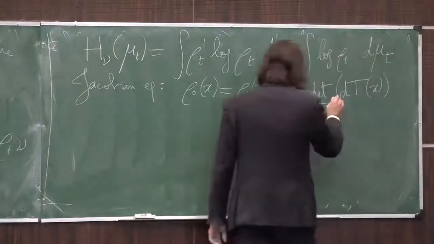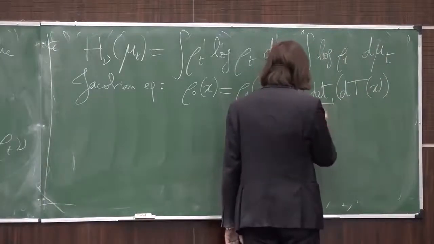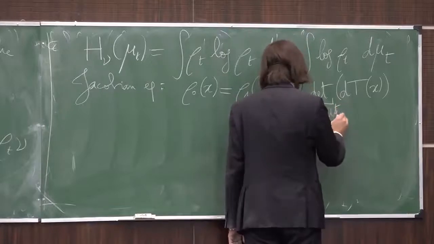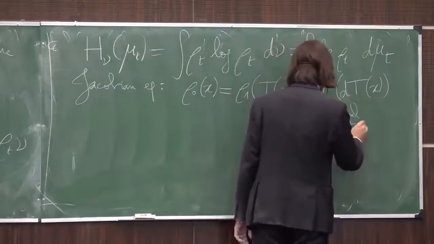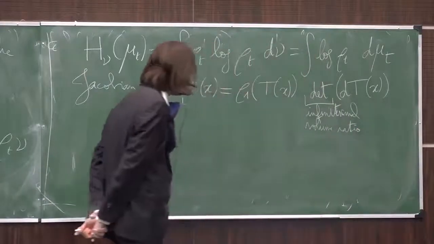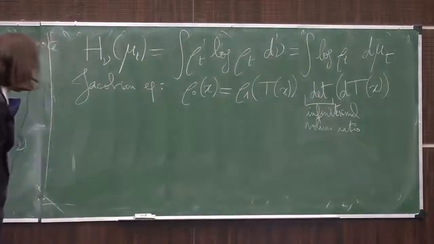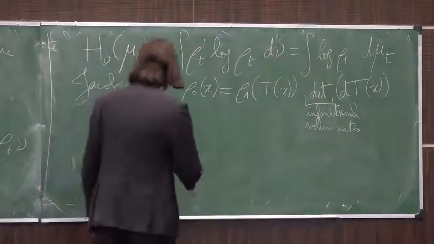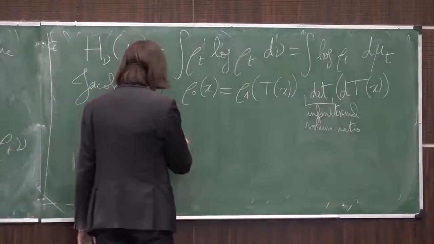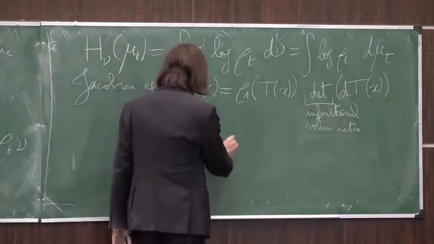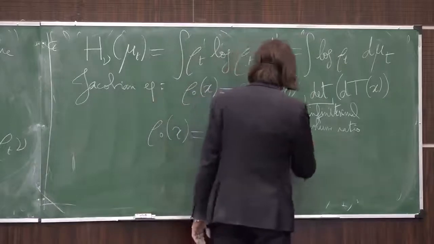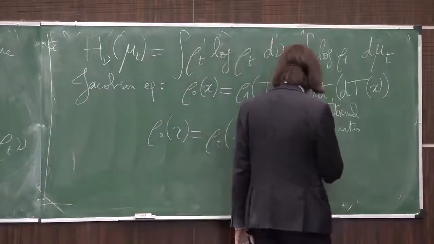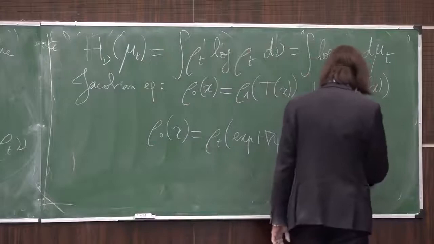Well, this is in the sense of infinitesimal volume ratio. And similarly, rho 0 of x will be rho t of exponential t grad psi, times the Jacobian determinant of d exponential t grad psi.